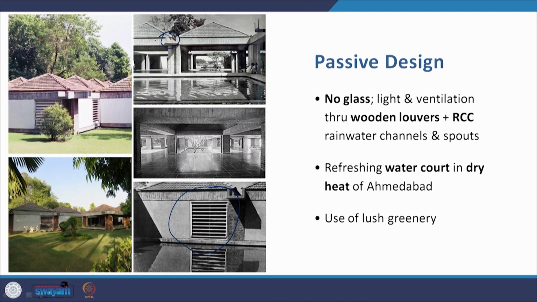There is the RCC rainwater channel, and these spouts, and there is this refreshing court for the dry heat of Ahmedabad, and there is use of lush greenery throughout the complex.